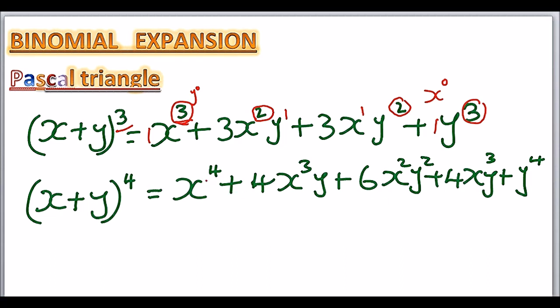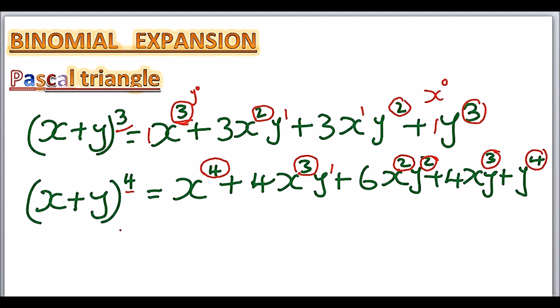Look at this one. x takes the power of our index here. So it reduces to 3, reduces to 2, and finally to 1. y increases from 1, goes to 2, goes to 3, and goes to 4.